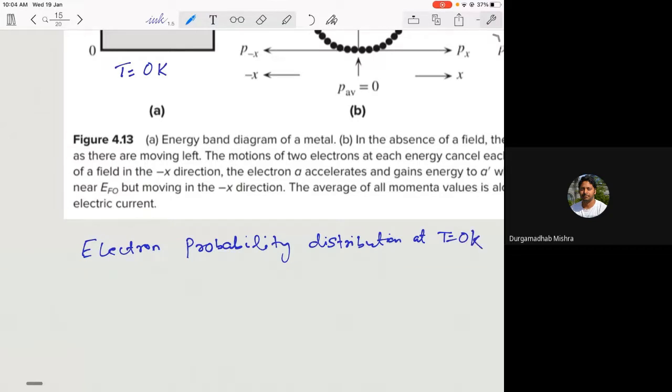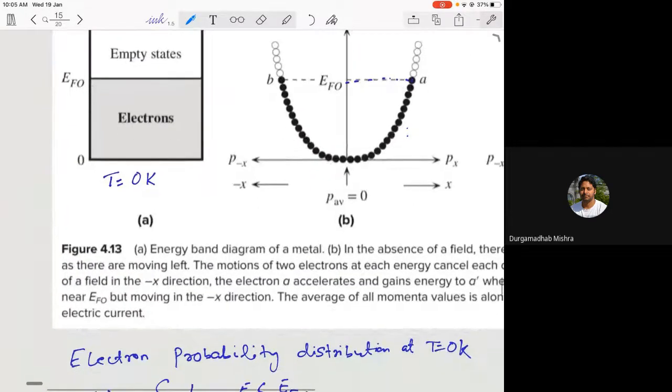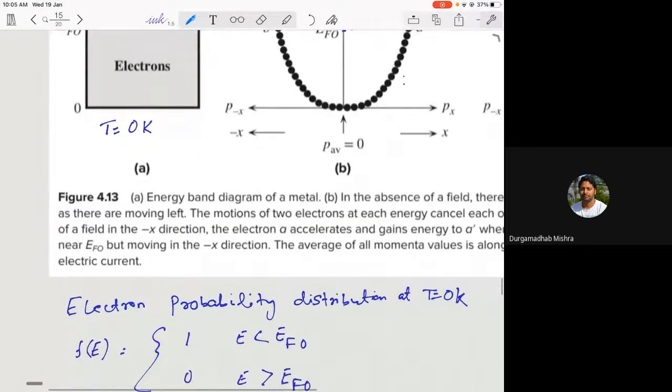This probability distribution says that the probability of finding an electron at any energy E is equal to 1 when the energy is less than E_F0, and it is 0 when E is greater than E_F0. From this simple schematic picture, the probability distribution is very different from a classical distribution like the Boltzmann distribution that you have come across.